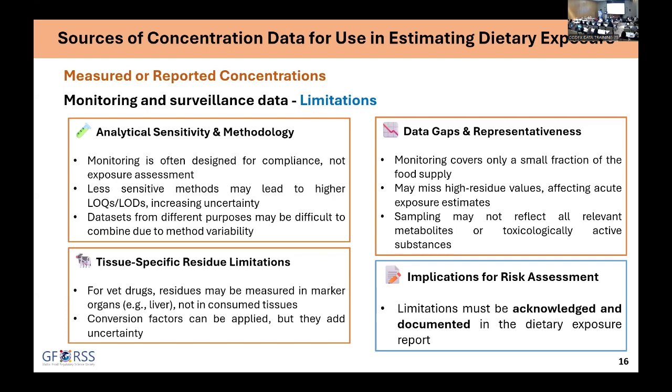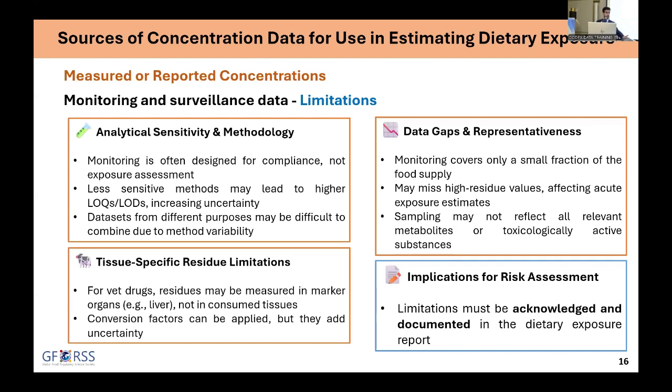They may miss other residue values affecting acute exposure estimates because we're not interested in those occurrence data. Sampling, as we said, might have a certain targeting information, which is not very well in line with the good representativeness that we're searching for. So a lot of uncertainties should be considered, considering all these different situations.